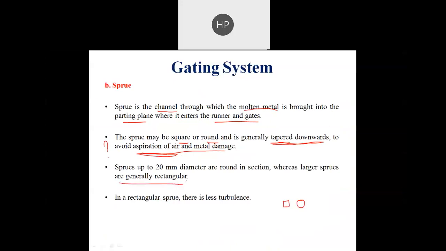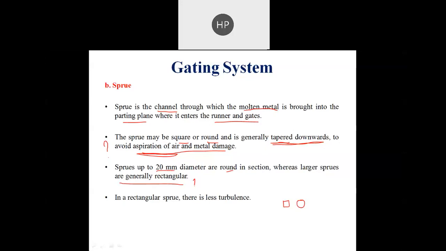Where we use rectangular and where we use round section has a certain limit. Up to 20 diameter we can use a round section, but for a large sprue we have to consider a rectangular shape.